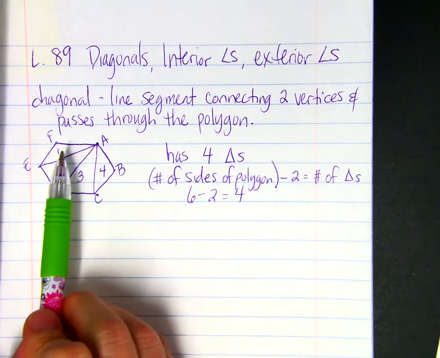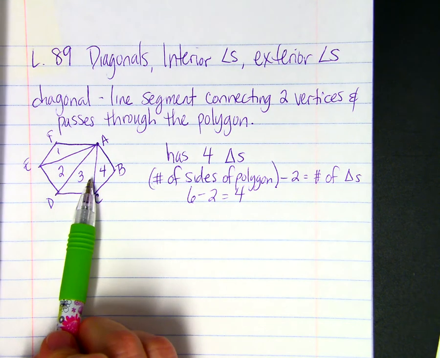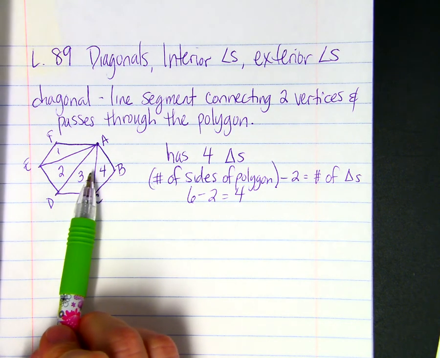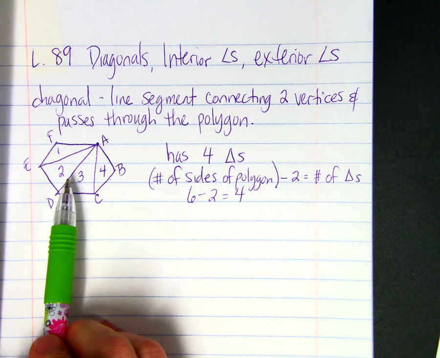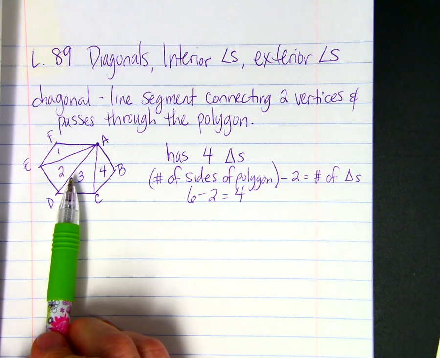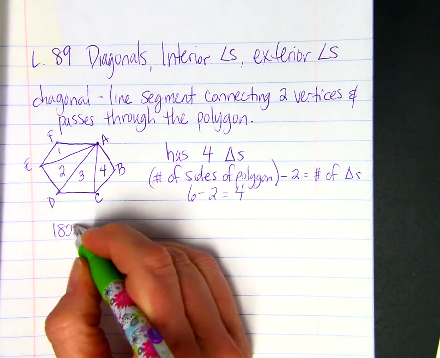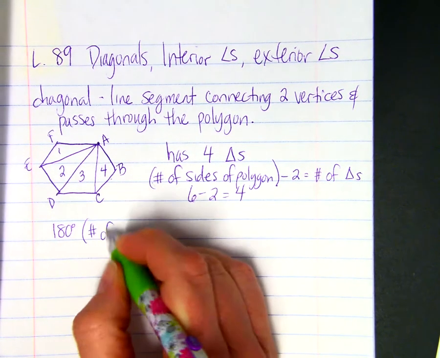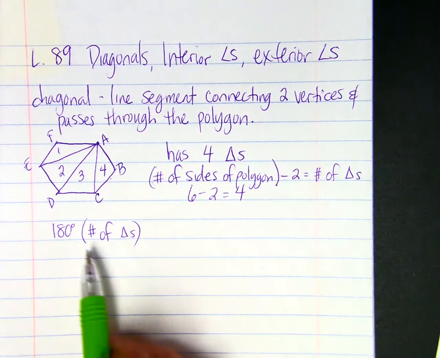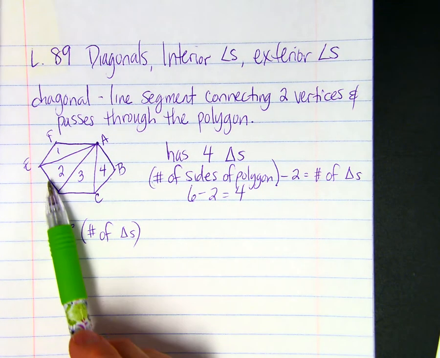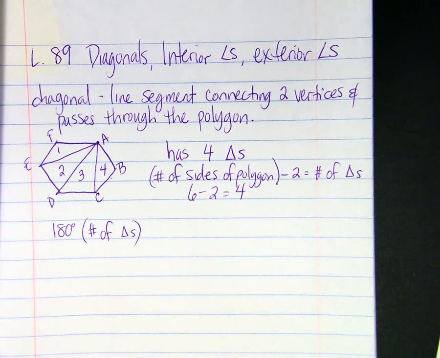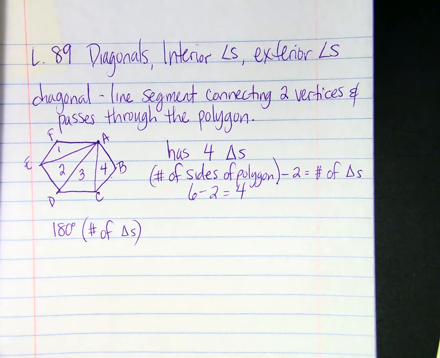So every triangle has angles that add up to how many degrees? Do you remember? 180 degrees. So if you did 180 degrees times the number of triangles, that's going to give you the total of all of the interior angles of this particular polygon.